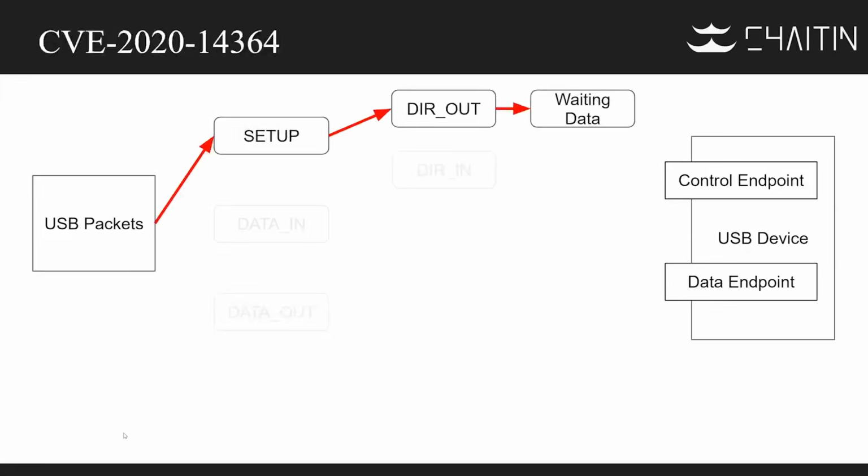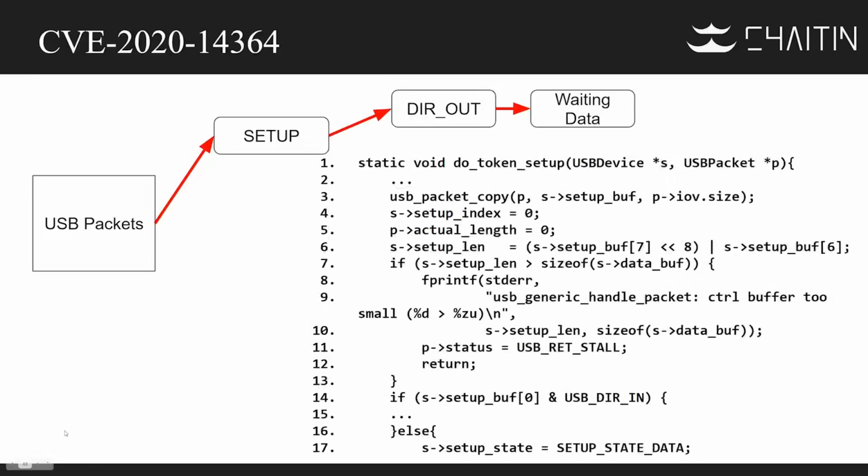The vulnerability we are talking about is in the processing of the setup packet. Here is some code in the function do_token_setup. This function is used in QEMU to handle setup packets. As the code shows, it copies the data in the USB packet to the setup buffer first.